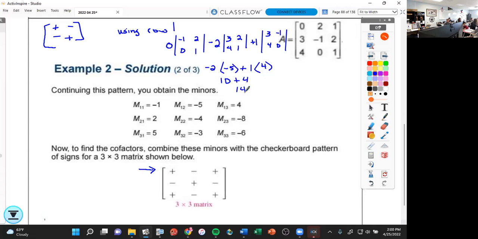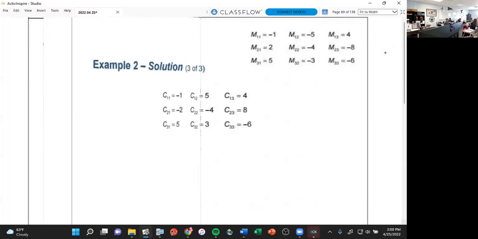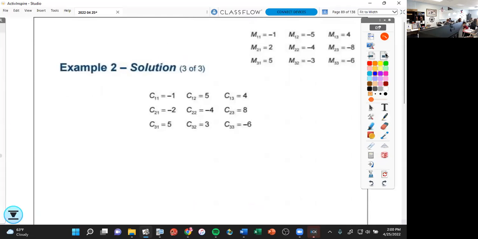I'm going to the next slide. Here are my minors. My signs were plus, minus, plus, minus, plus, minus, plus, minus, plus, right?